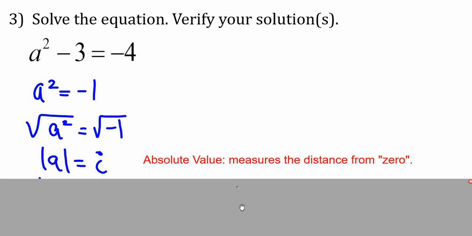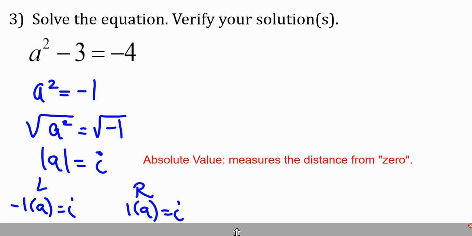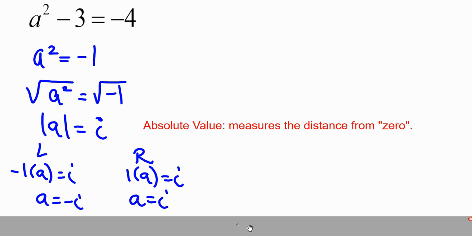Absolute value means measuring the distance from 0, so we set it up like we've done before to find our two solutions, to the left and to the right. You've got negative 1 times a equals i and 1 times a equals i. Undo each equation by dividing by negative 1 and by 1, and you get negative i and positive i for your solutions.